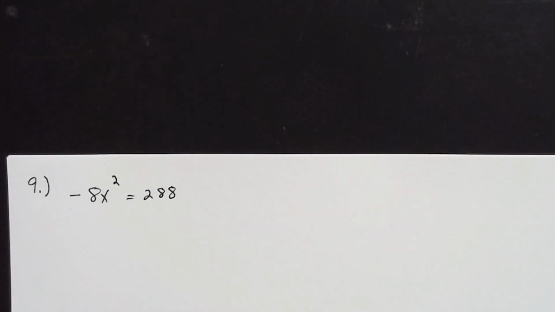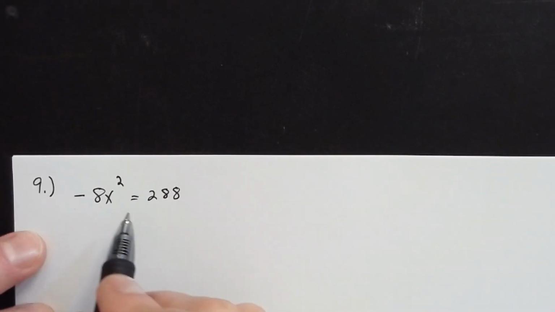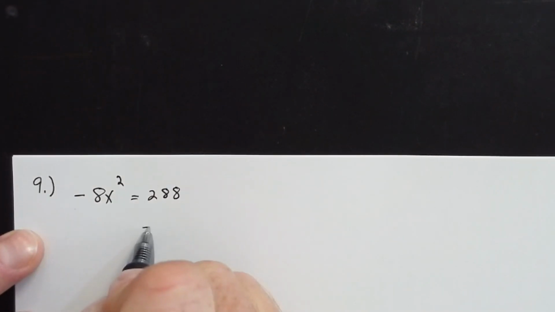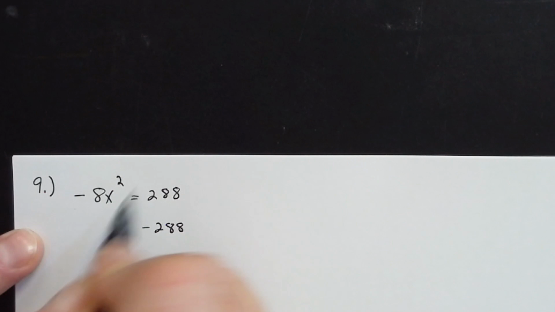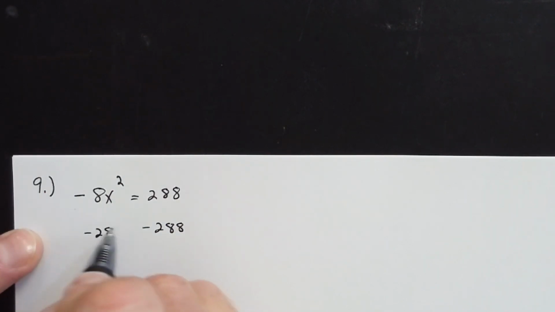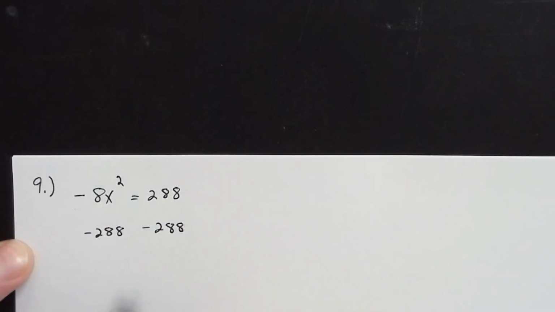I'm not going to write that algorithm every single time. But what's the first step we do in the algorithm? General form. Put it into general form, okay? So minus 288 on both sides gives us minus 8x squared minus 288 equals 0.